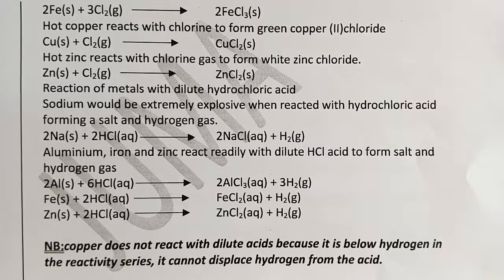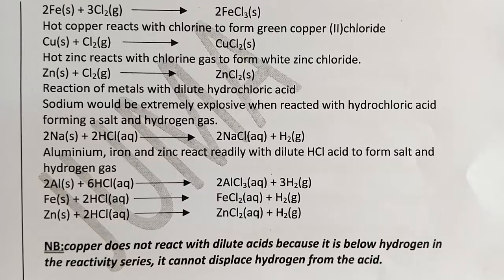Then when chlorine dissolves in water, it forms dilute hydrochloric acid, and dilute hydrochloric acid will react with those metals as indicated. Sodium, the reaction is explosive, as we have discussed in lesson number 7, reaction of metals with dilute acids. Then the others, aluminium, iron, zinc, will react respectively as indicated.